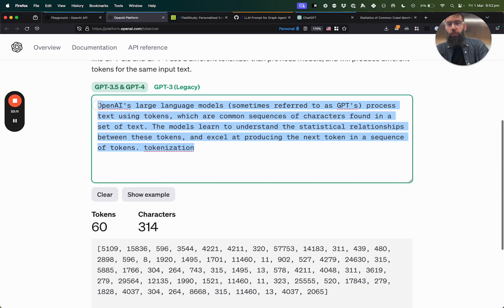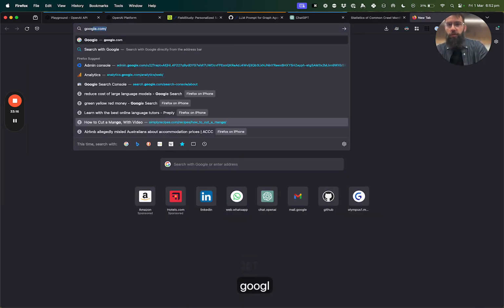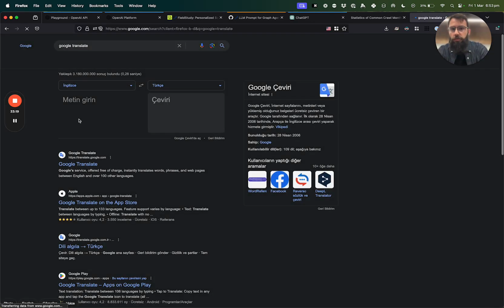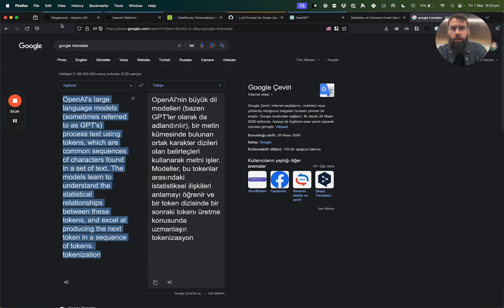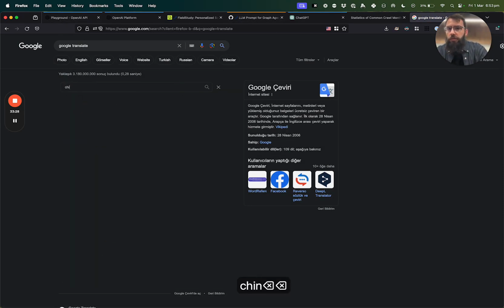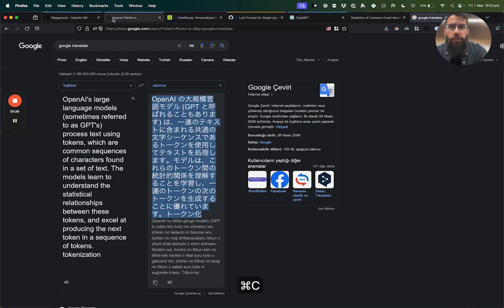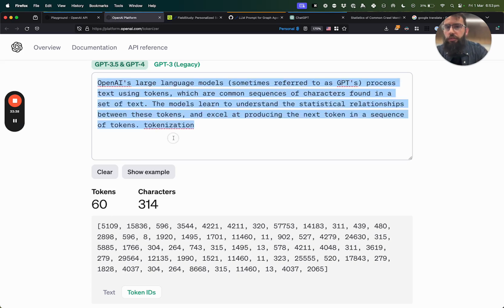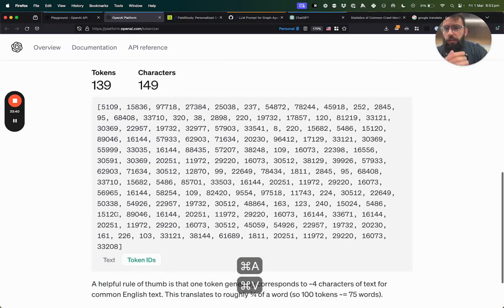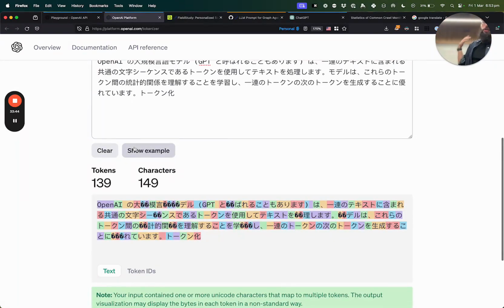Another thing to watch out for, because we live in a diverse world, so I'll go to Google Translate. Let's go Japanese. You notice here that we're at 60 tokens, but if I was to drop that in, although the text is less, the tokens are much higher.